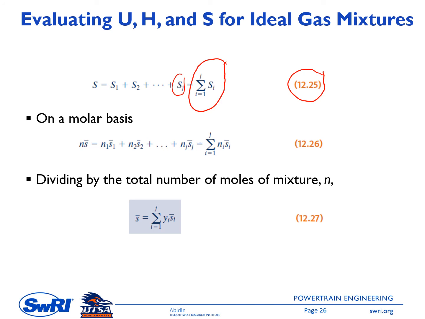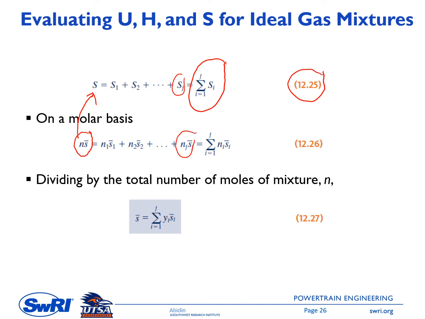And then we can also write this equation on a molar basis. So we have equation 12.26. So n times s bar here is actually S capital here. Okay, so n times s equals n1 times s1 plus n2 times s2 and so on through nj times sj.